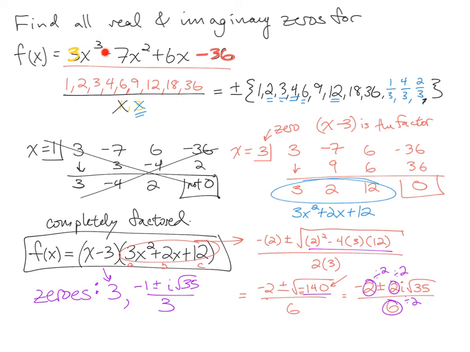The largest exponent in a standard form polynomial tells you how many answers you should be getting. We have 1 here, and we have 2 here, 1 with the plus, 1 with the minus. So if you're asked to find all real and imaginary numbers, or zeros, that doesn't necessarily mean there will be imaginary zeros. It just means there's a chance you'll be using the quadratic formula to figure those zeros out.